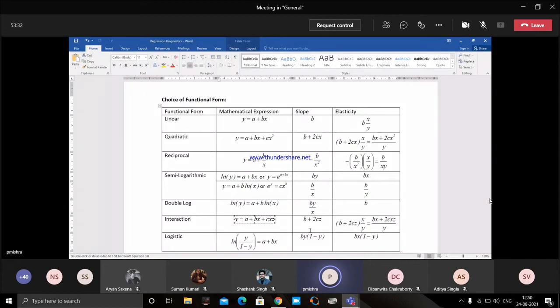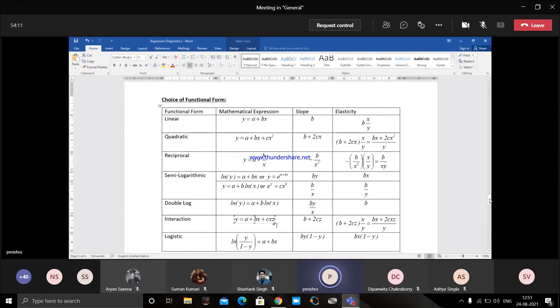But what we do often, instead of recognizing this interaction term, we write it in linear form like y is equal to a plus bx plus cz like this, and in the process we make the impact constant. And we miss out many, many important perspectives. As I said, impact of a change in price would also depend on income level of the consumer.